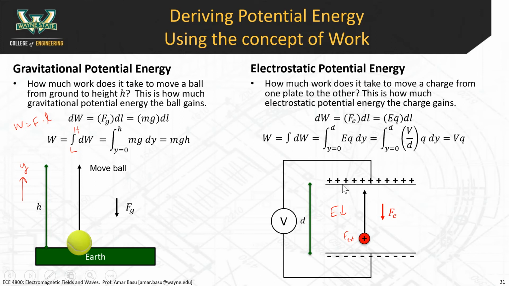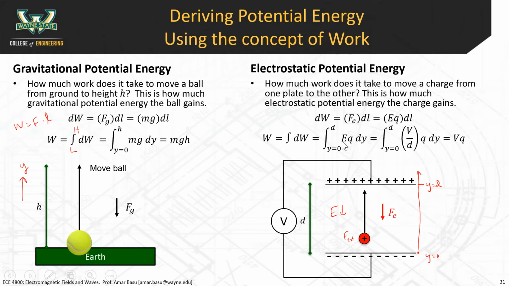So here, just imagine that this is y equals 0, and we're moving it up this way, and this is y equals d up here. So we're integrating E times Q dy, and again, the electric field in a parallel plate system like this is a constant. So this is a constant, the charge is constant.